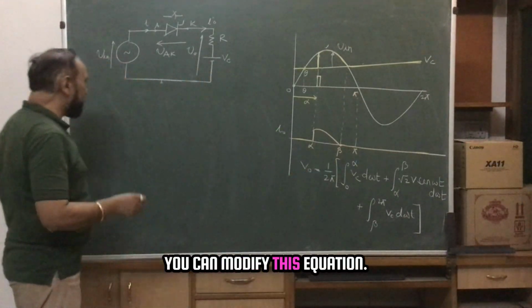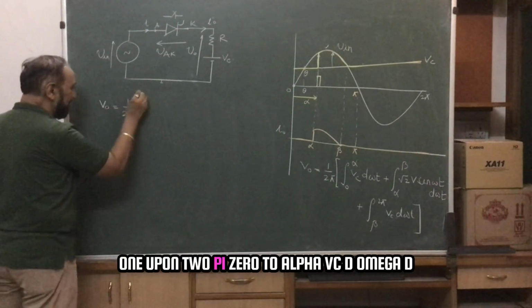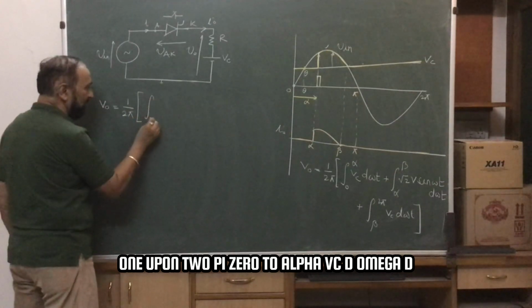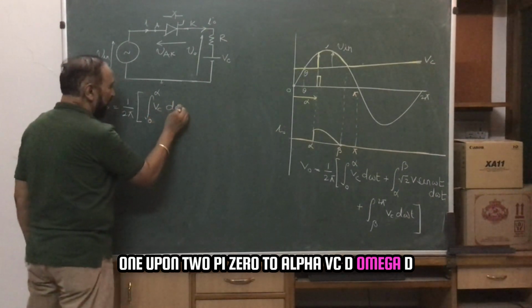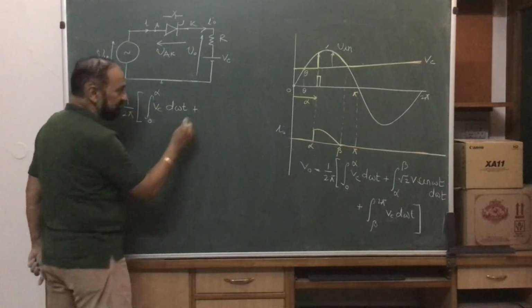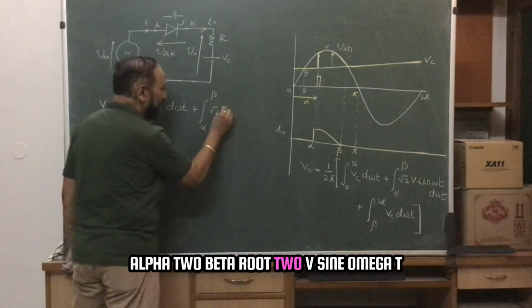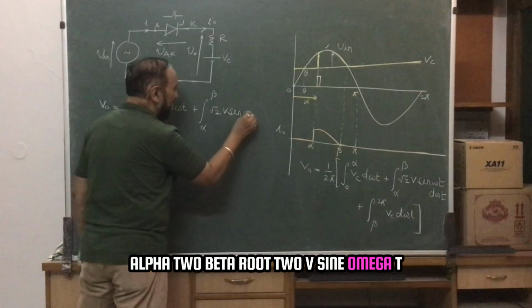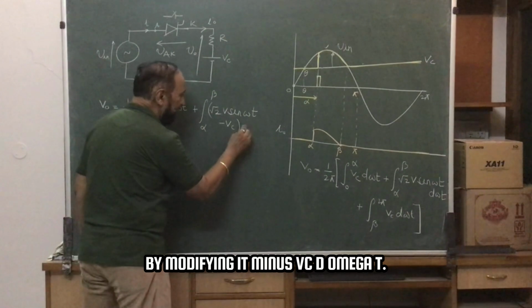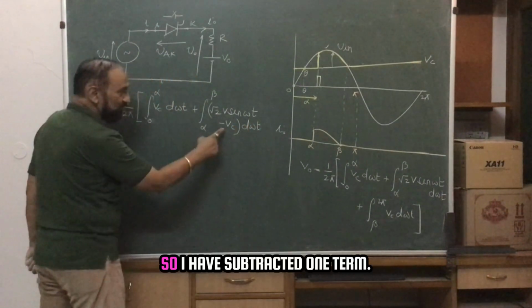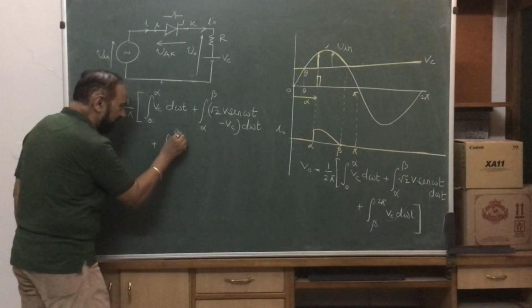You can modify this expression like this: 1 upon 2 pi, 0 to alpha Vc d omega t, alpha to beta root 2 V sin omega t, modifying it minus Vc d omega t. So I have subtracted one term, I should add the same term, no change.